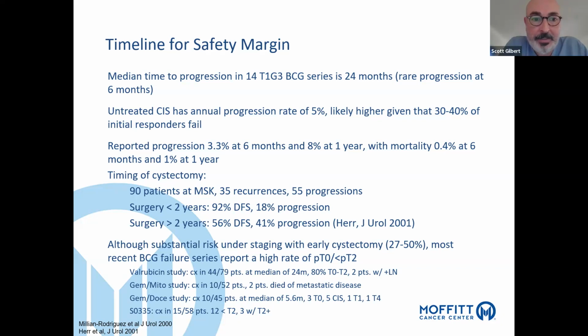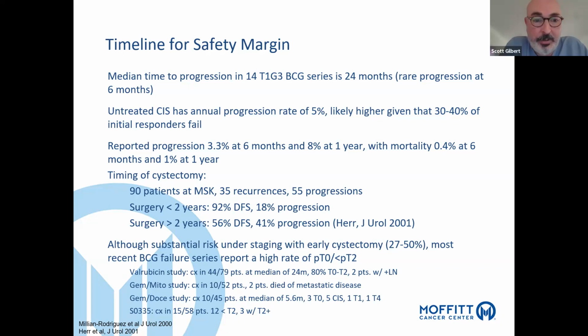In terms of timing of cystectomy, there are different surgical series that have looked at timing of bladder removal for non-muscle invasive bladder cancer and what pathologic and survival outcomes look like after cystectomy. At Memorial Sloan Kettering, almost 100 patients were treated for either recurrences or disease progression while on BCG.